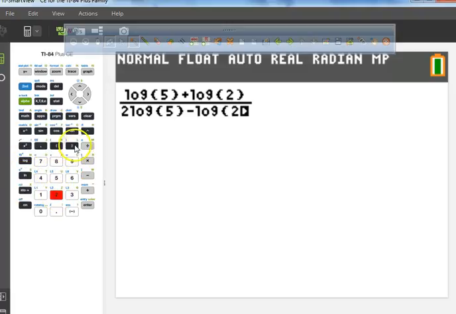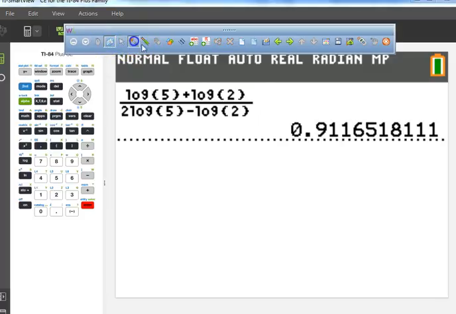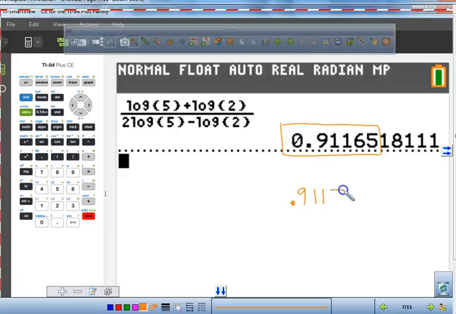Okay. We press enter, and we get this answer right here. So rounded to the nearest 10,000, fourth decimal place, 9, 1, 1, 7. I realize most of you are really wanting to dial 911 right now after that problem, but the answer is 0.9117.